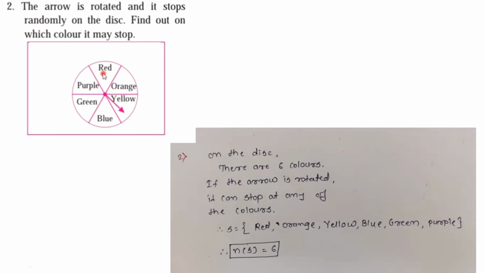As there are 6 colors, the arrow can stop at any of these. So the sample space has red, orange, yellow, blue, green and purple. As there are 6 colors, the number of sample points, n(S), is equal to 6.